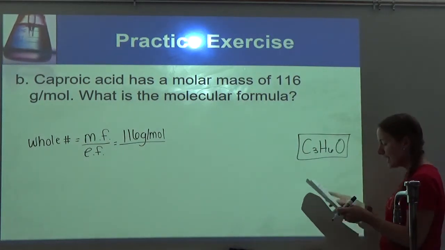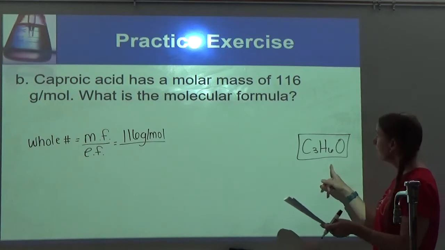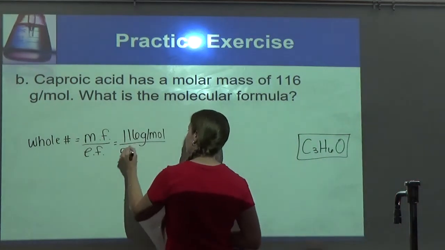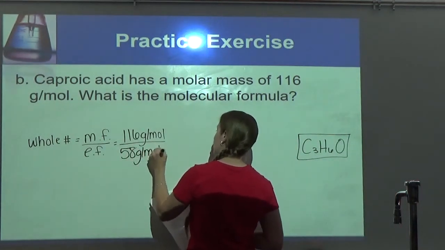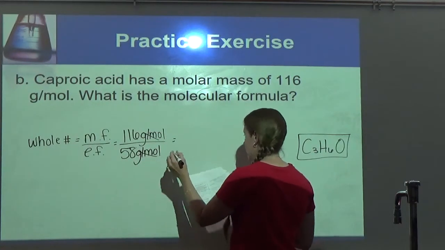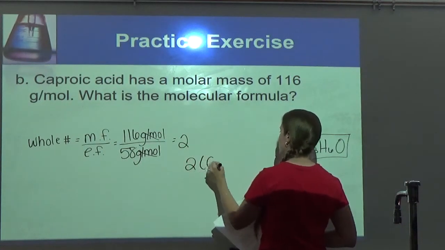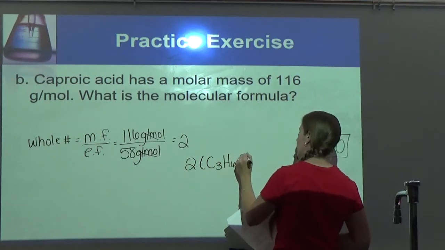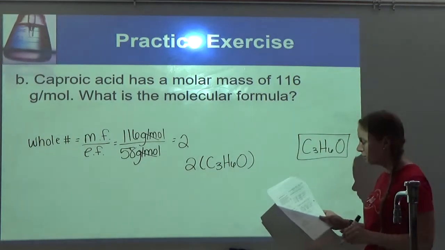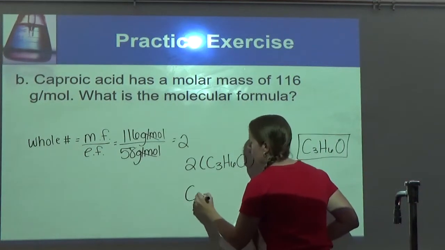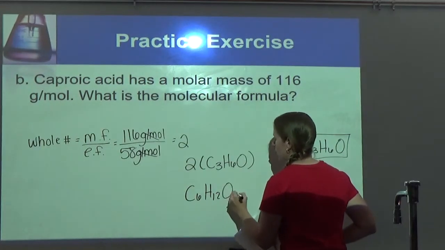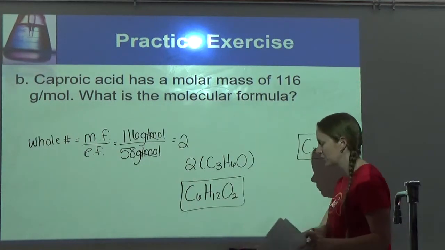Alright, so once I add up the mass of this, I get about 58 grams per mole. So once I divide, I end up getting a 2. So then I just multiply my empirical formula by 2. And so I end up with C6H12O2 as my molecular formula.